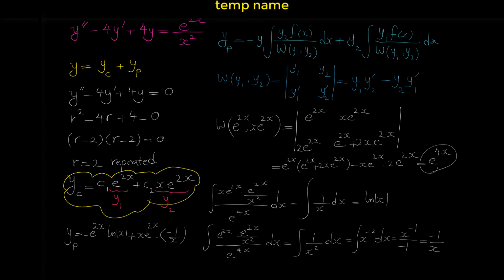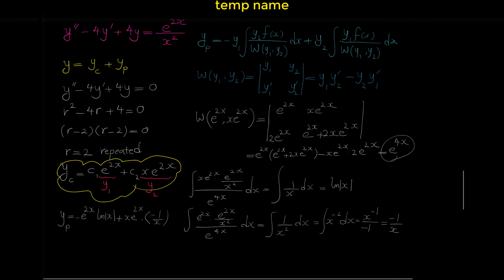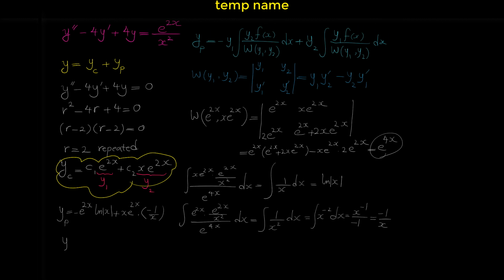And note that we can cancel this x with this x here. So we can write the particular solution in this form, negative e to the 2x ln of x minus e to the 2x.